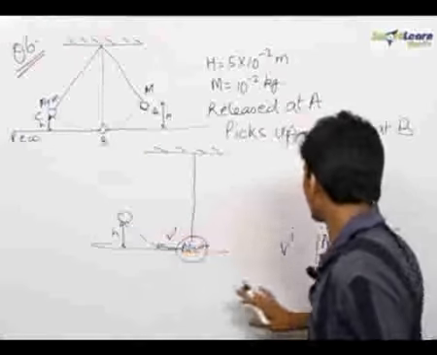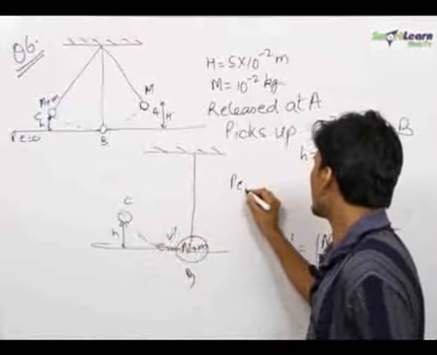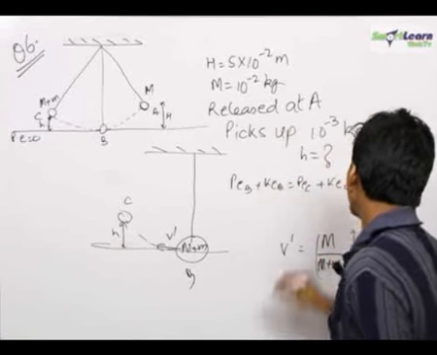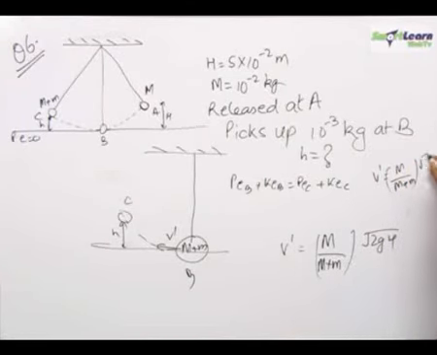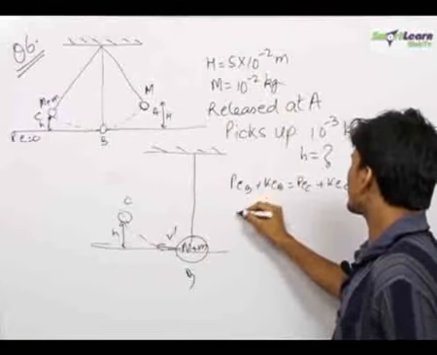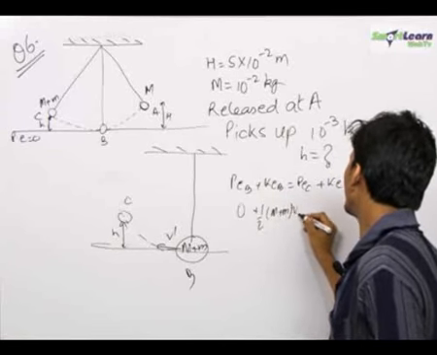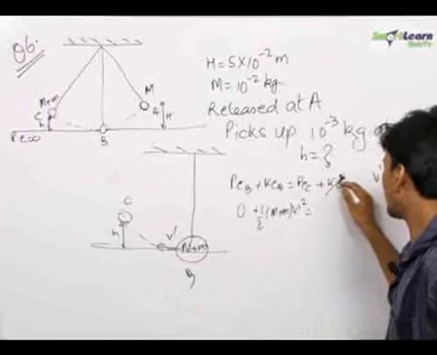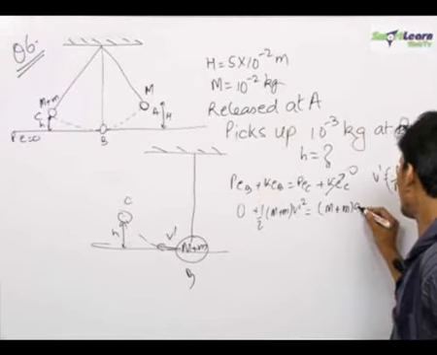This is B, this is C. Potential energy at B plus kinetic energy at B is equal to potential energy at C plus kinetic energy at C. V dash is equal to m upon m plus m root over 2gh. We can write potential energy at B is 0 plus half m plus m v dash squared, equal to kinetic energy at C, which is 0, plus the potential energy at C, which is m plus m gH.